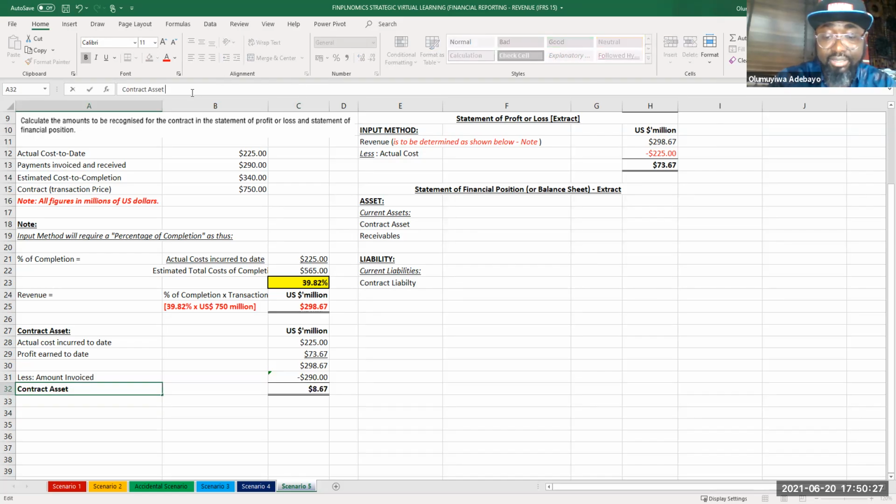In simple terms, I can say this means value of work done but cannot be billed yet.